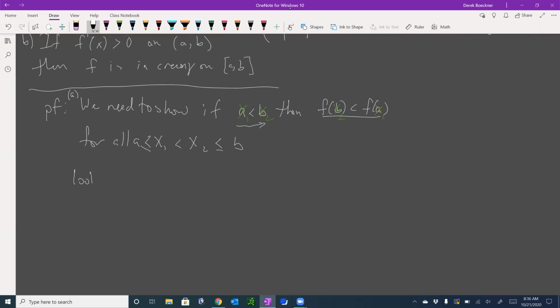We'll look at x1, x2. The hypotheses for the mean value theorem hold on this interval, right? I'm interior to the original interval, so this is still going to hold for the mean value theorem.